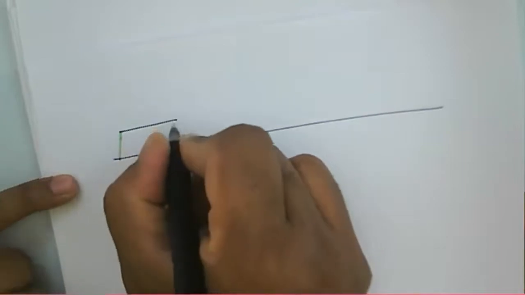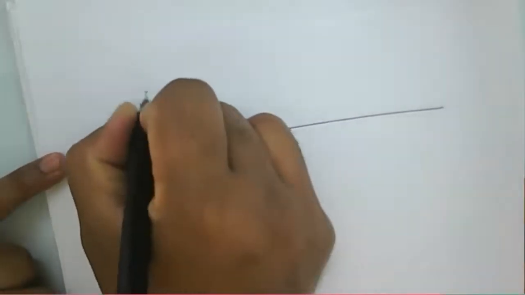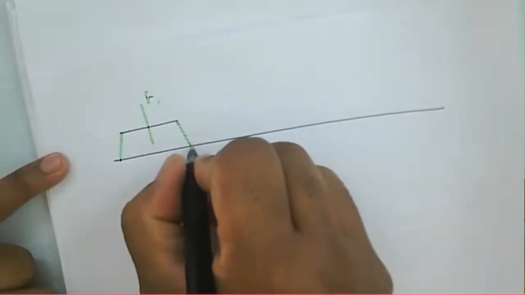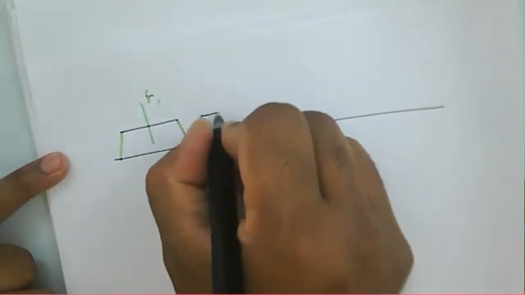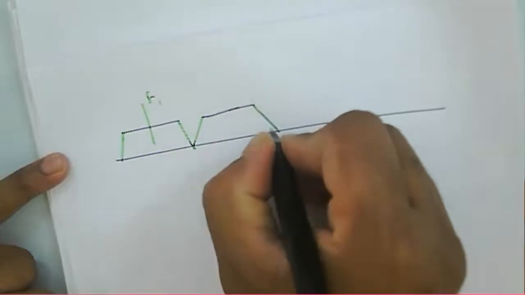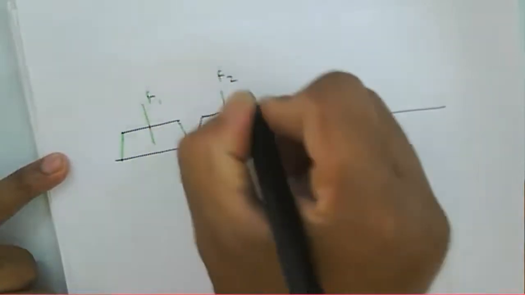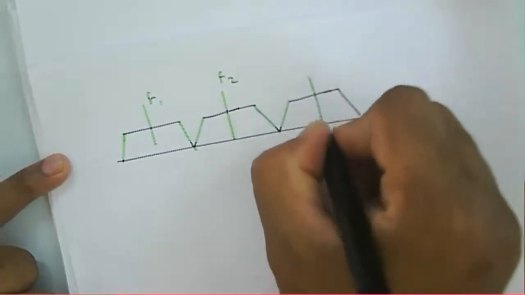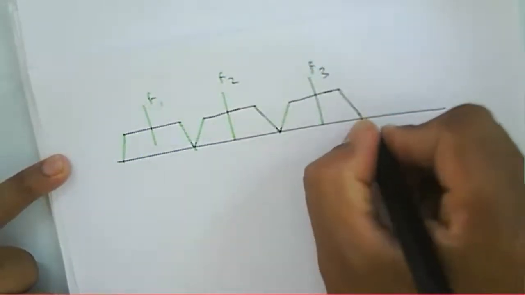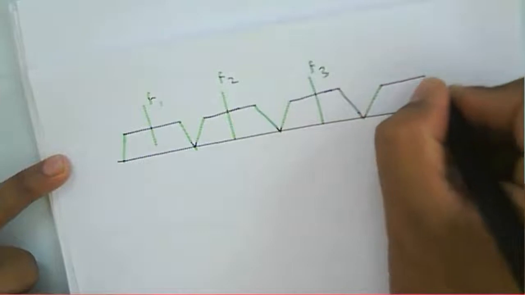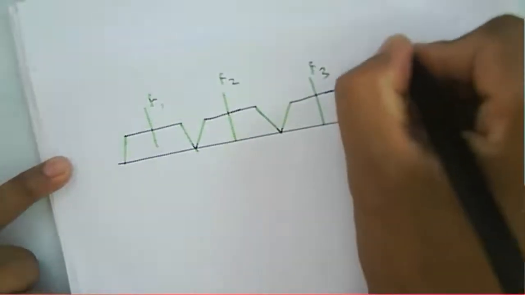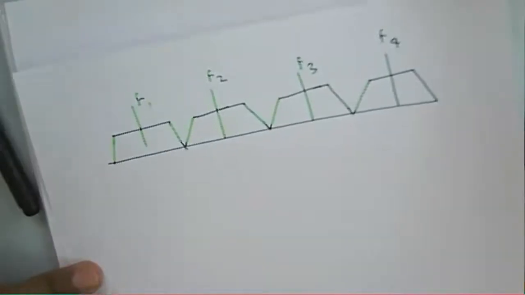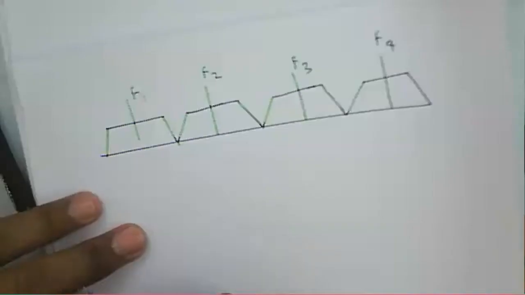I'll take an example here. We have a carrier F1, say F2, F3, F4.